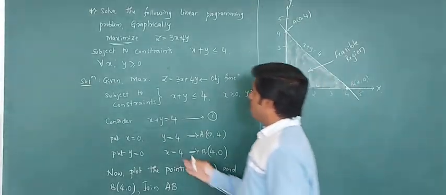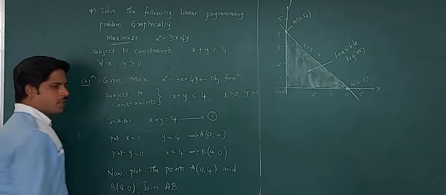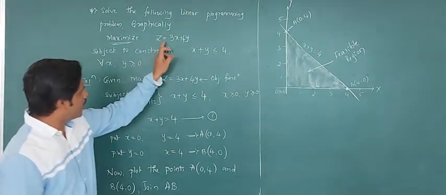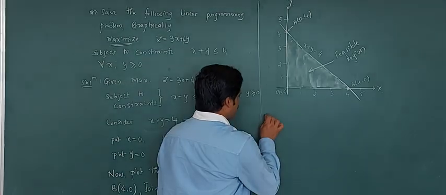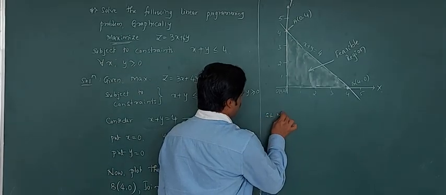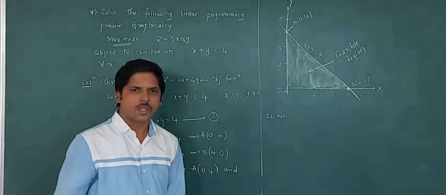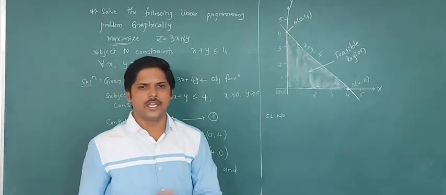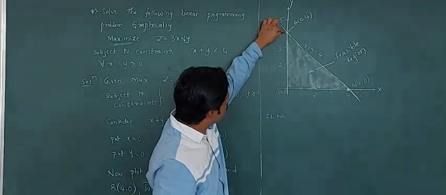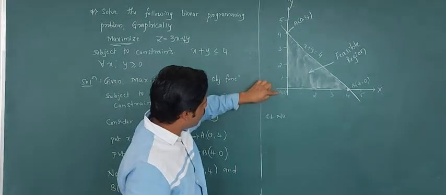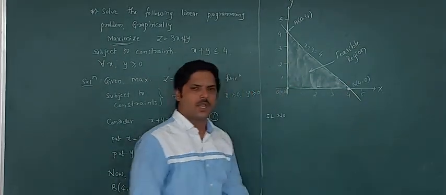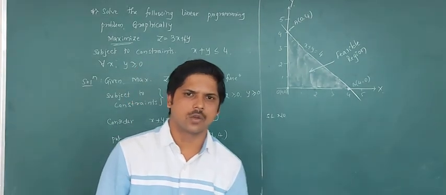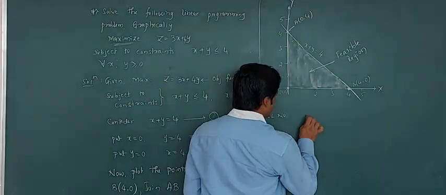What is our question? We have to maximize this objective function: maximize z equal to 3x plus 4y. For that, consider the corner points. Here in the graph we have three corner points. One is A, 0, 4. Second is the origin, and third is B, that is 4, 0.